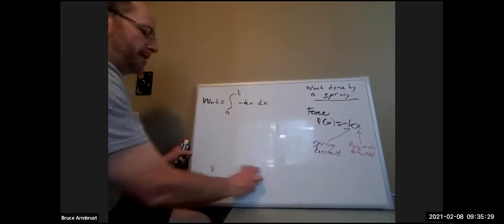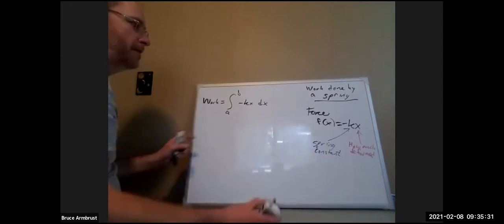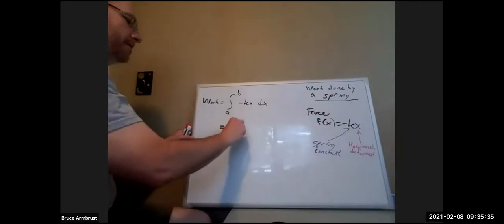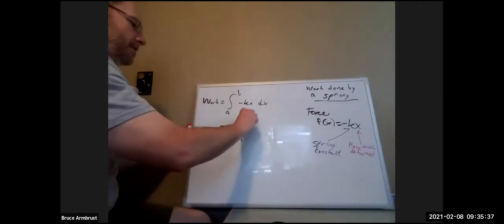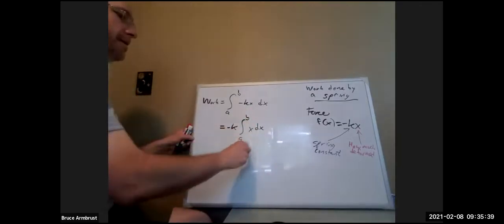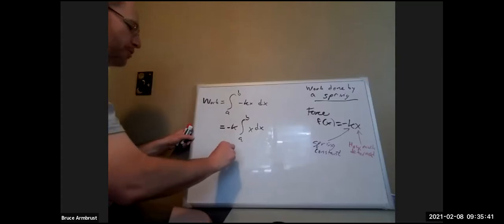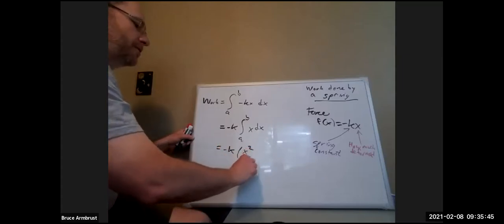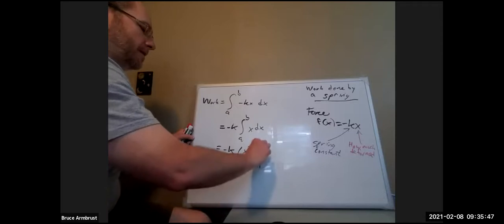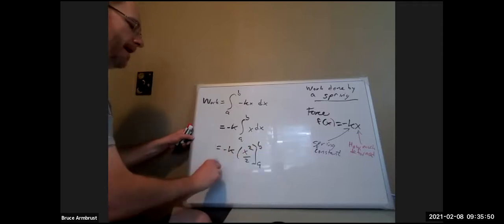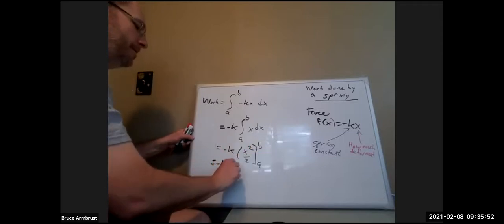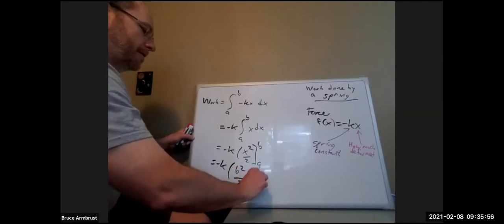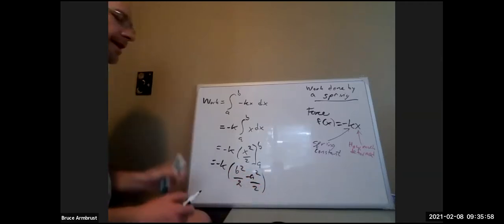So let's go ahead and integrate this. So the negative k, that's constant. So we'll go ahead and pull that out. The x, super easy. Since that's x to the first, that becomes x squared over 2. And now we can do the fundamental theorem, plugging in our a and our b.